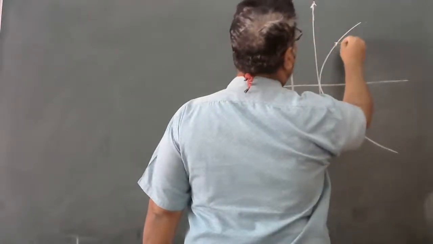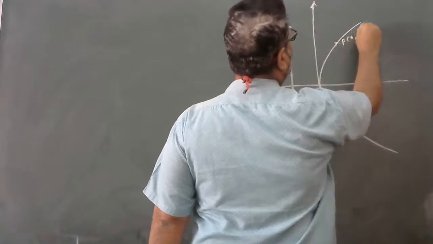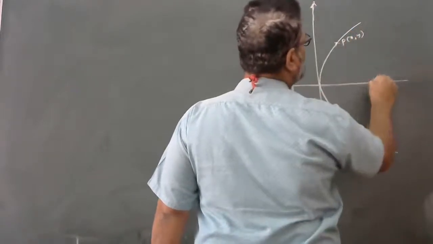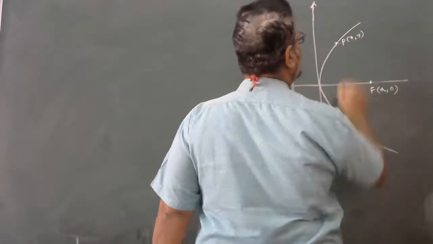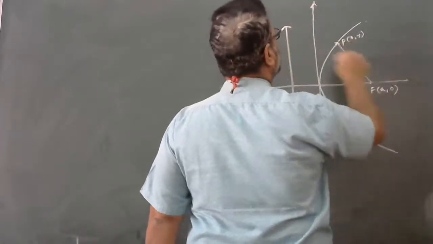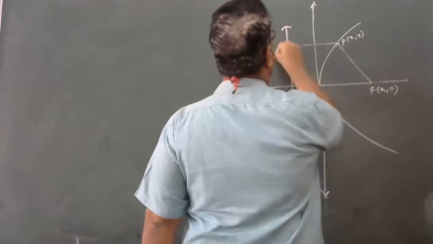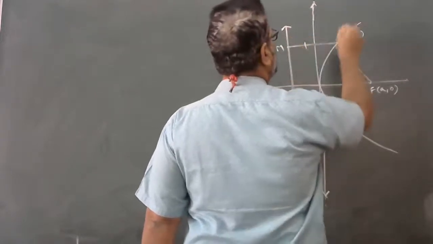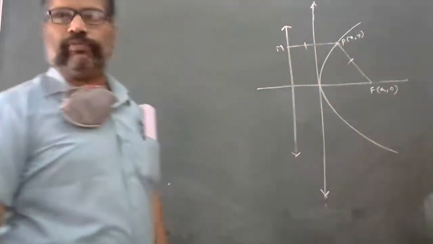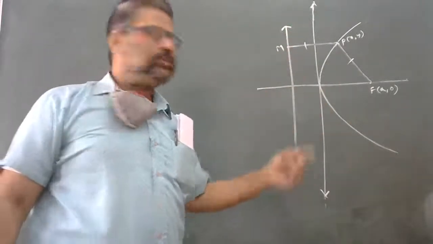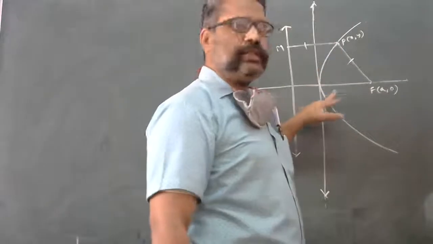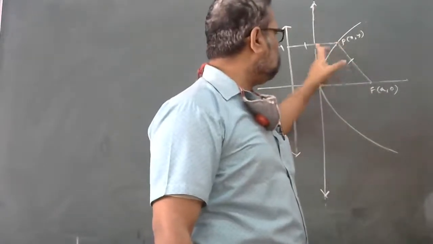I'll take a point here, P(x, y), and here the focus (a, 0). Then I need the distance from P to the focus, which defines the parabola. P is a random point, so P is located in the first quadrant. So it has some value of x, and this has some value of y.